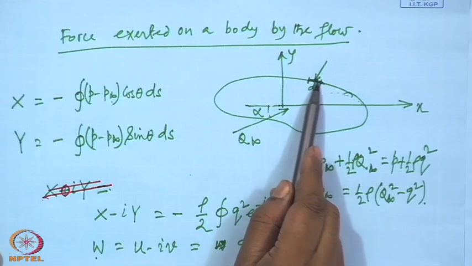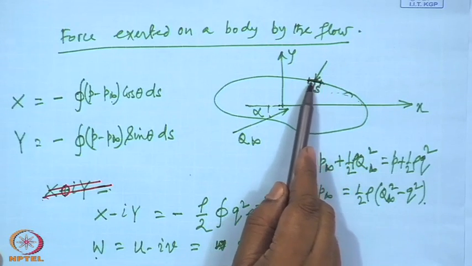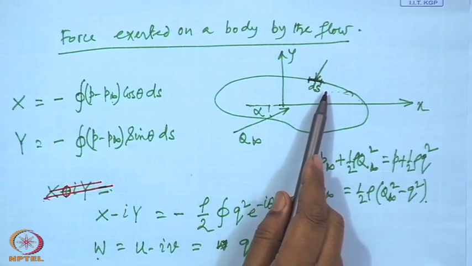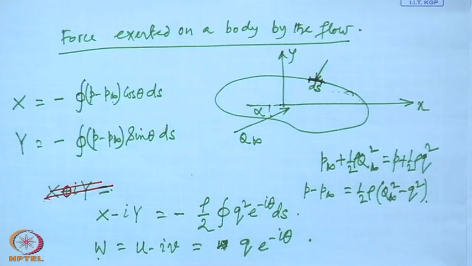So in this case, for this part of the length, the way we have shown here, your x is decreasing, y is increasing. So take that into account and then say what is e to the power i theta ds.